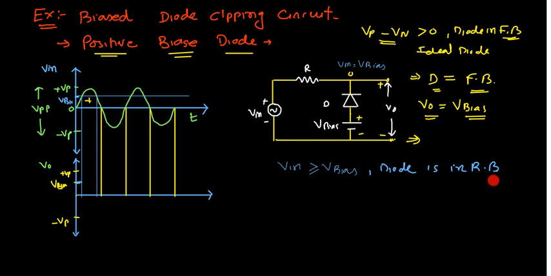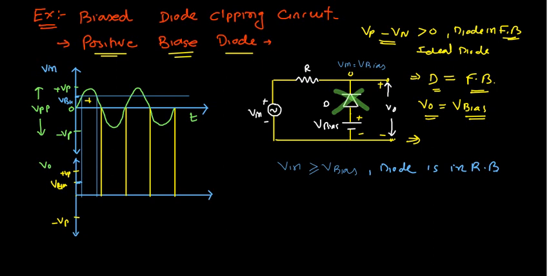If the diode is in reverse bias, this one will be removed. So whatever supply V input is there, it directly reaches the output side.